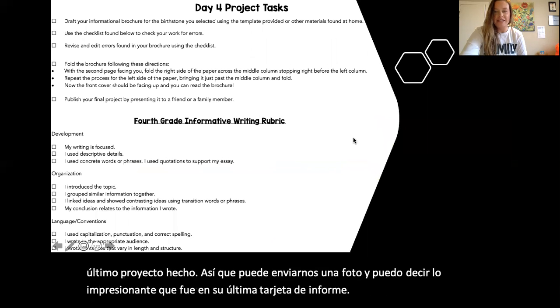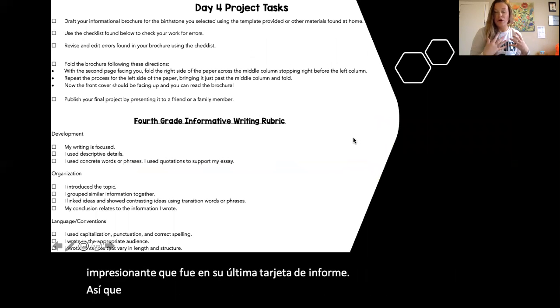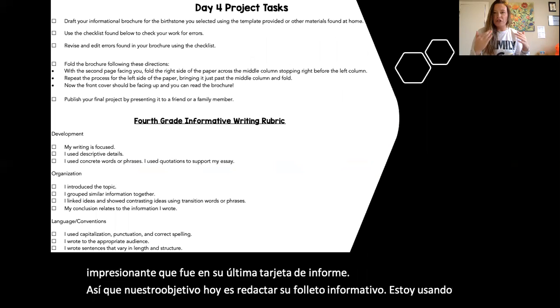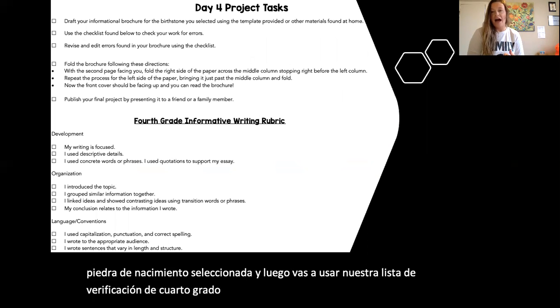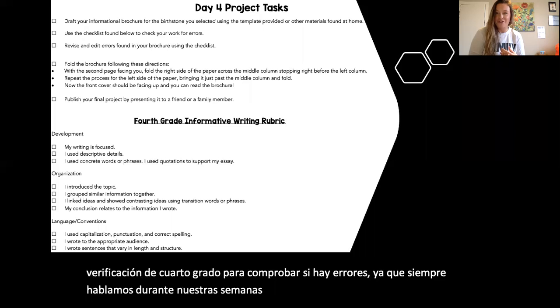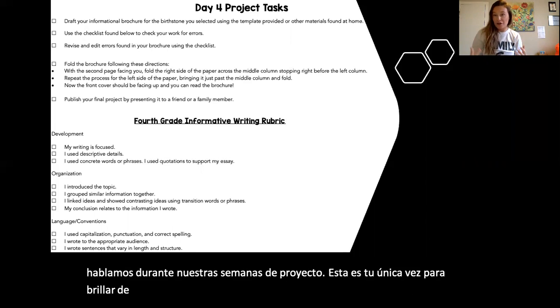So our goals today are to draft your informational brochure using your selected birthstone, and then you're going to use our fourth grade checklist to check yourself for errors. As we always talk about during our project weeks, this is your one time to shine using this checklist on your own.